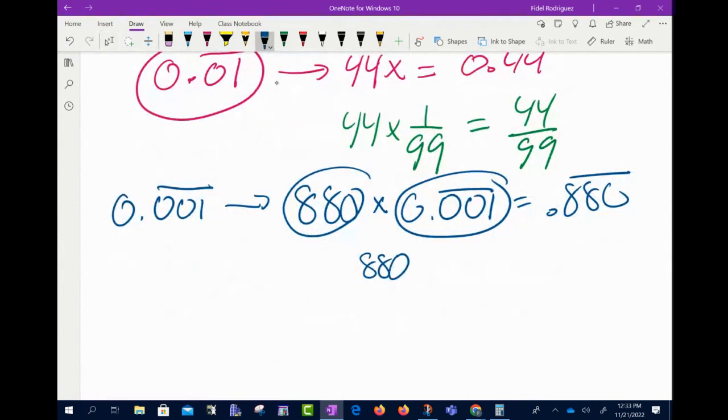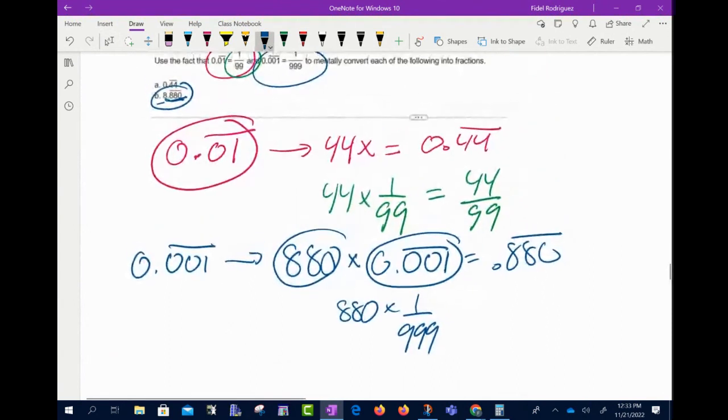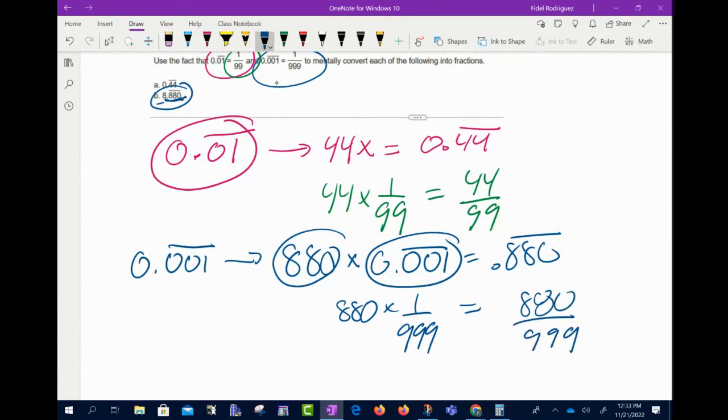So this is going to be 880 times 1/999, okay? So that's going to give me 880 over 999. And then since I have that whole number in front, y'all, I'm just going to put a big 8 right there. And that's like our mixed number, right? So 8 and 880 over 999, okay?